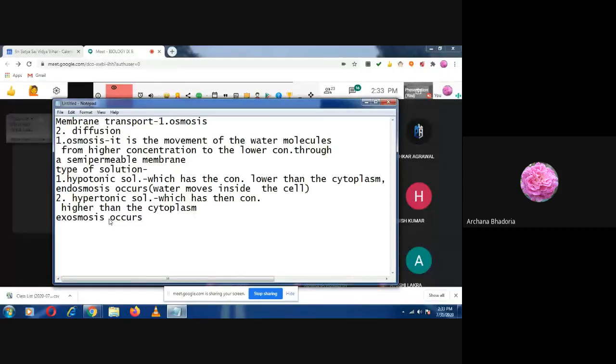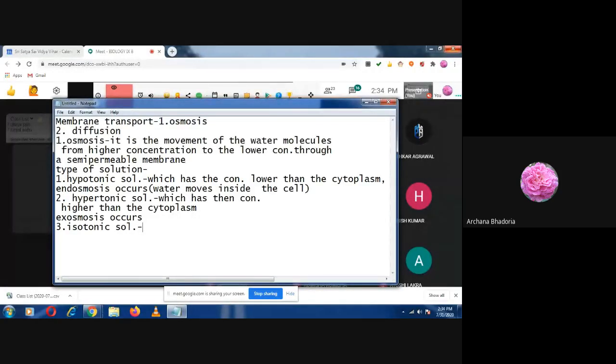So try to read it in the textbook also once again, everyone, and note down the things also. Okay. Now the third type of solution, we call it isotonic solution. Isotonic, iso means same. Is it clear?